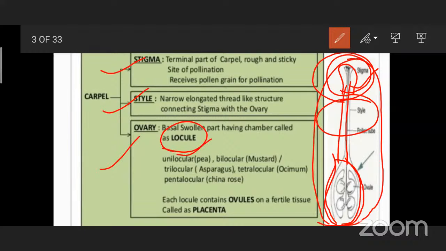First one, unilocular, that means monocarpellary. Example, pea. Maybe bilocular, that is bicarpellary. Example, mustard. And trilocular. Example, asparagus.